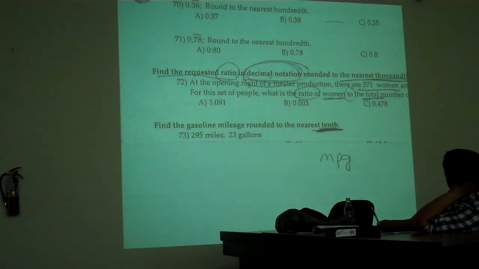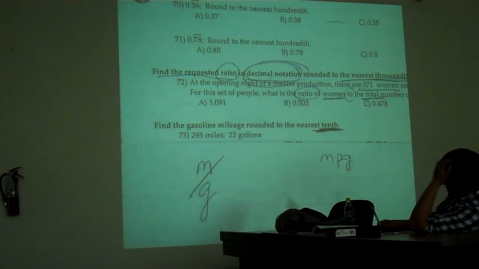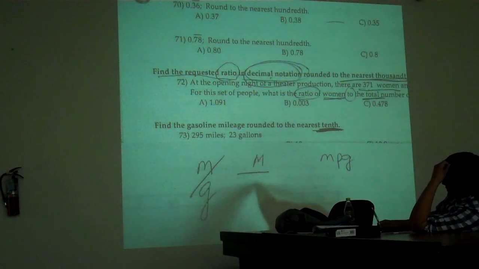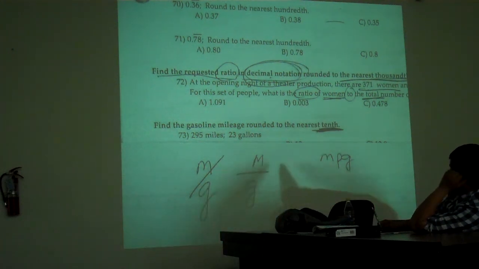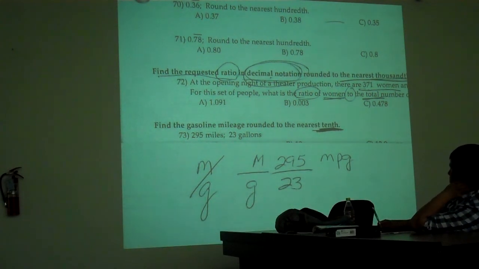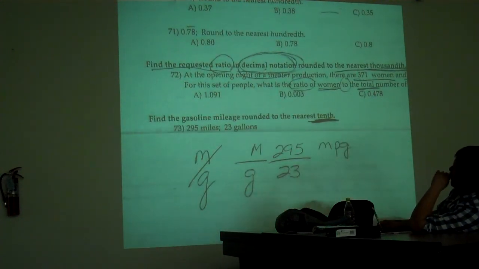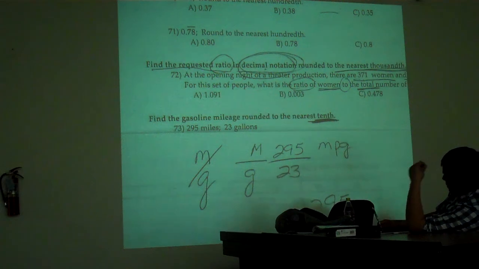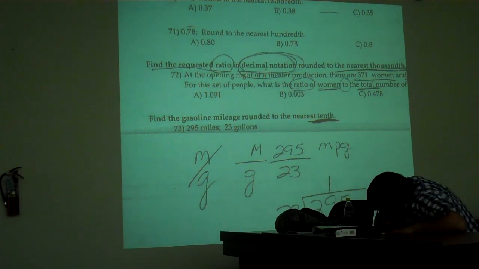Per means to divide. Miles divided by gallons. So take the miles, divide it by the gallons. 295 divided by 23. Do that division. That's pretty low, huh?